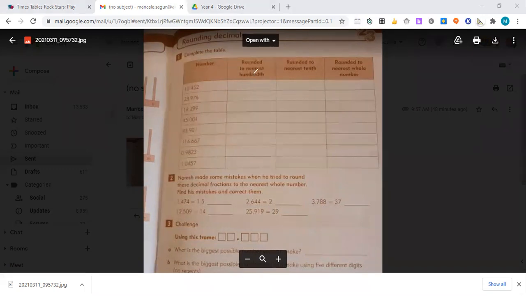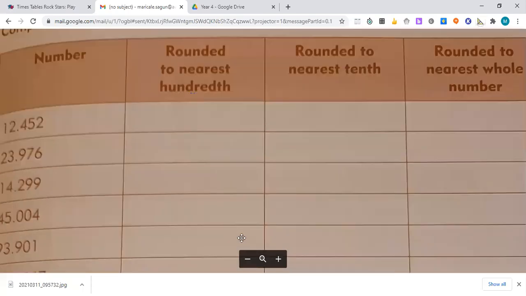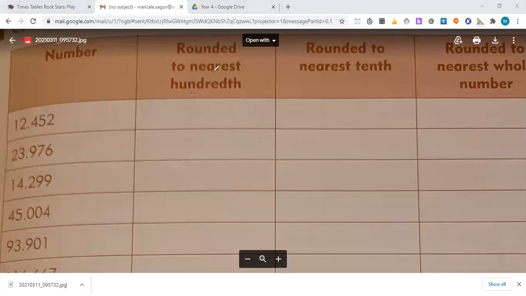If we round this to the nearest hundredth, we count from the point. So 1 and 2, and then circle. I'm going to blow this up because it's too small. You have to do the first number rounded to the nearest hundredth. So you count the second decimal, 1, 2.